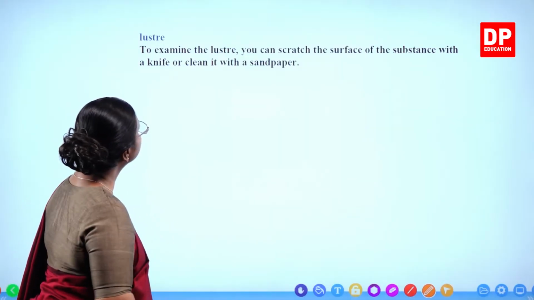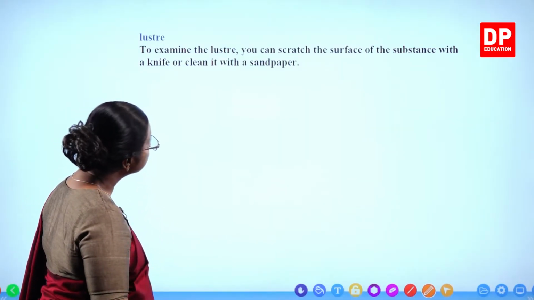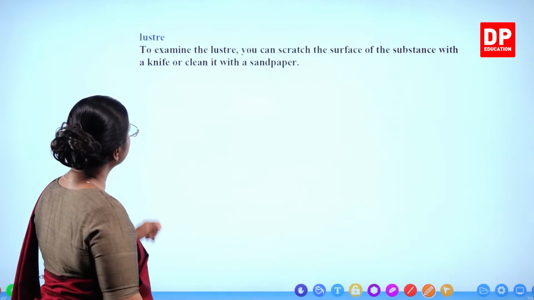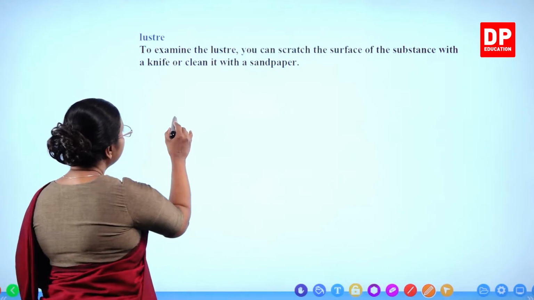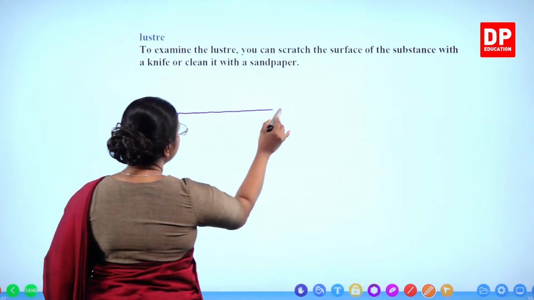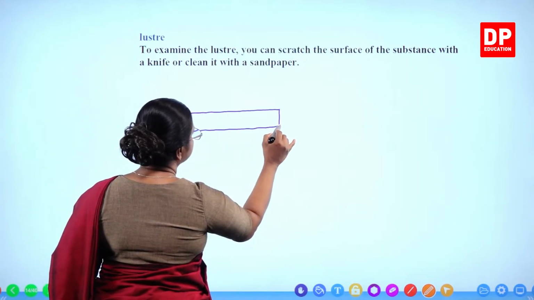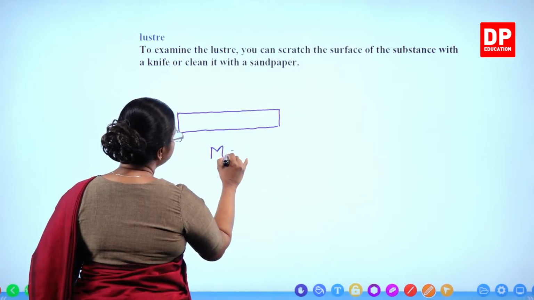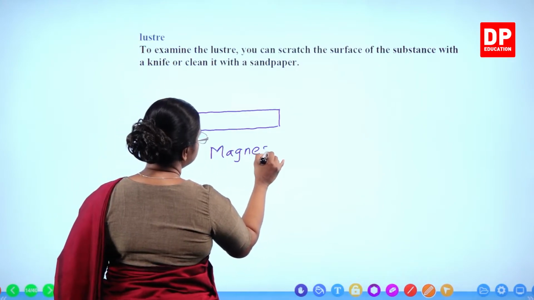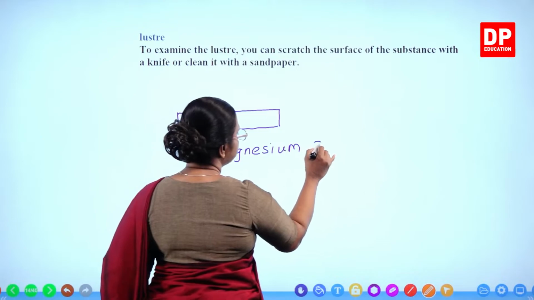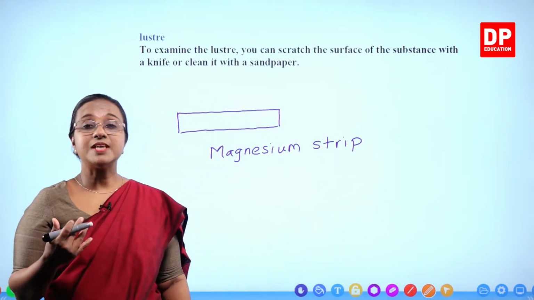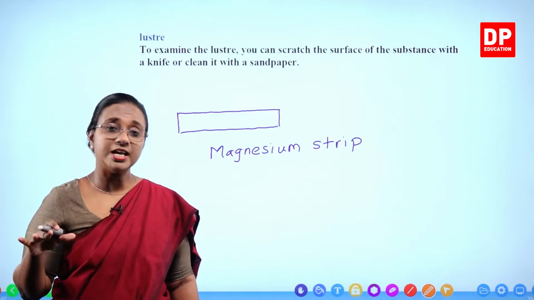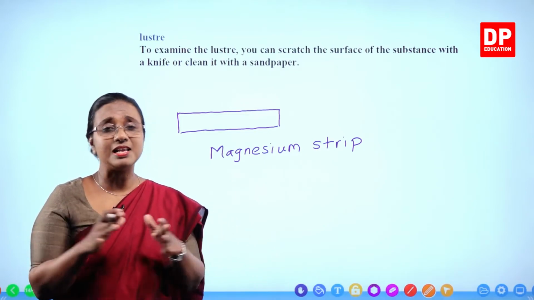To examine the luster, you can scratch the surface of the substance with a knife or clean it with a sandpaper. So I told you all, if there is a strip of magnesium, if you store it in the lab for some time, there will be no shine. Once you take it, it will be just a dull color.